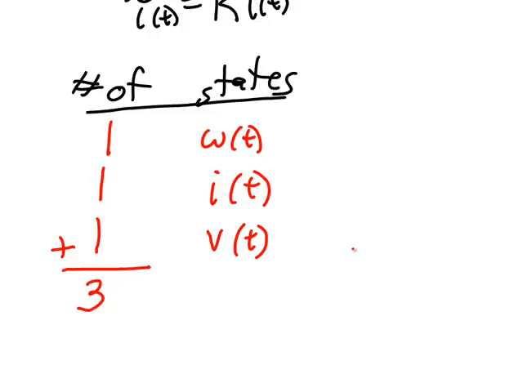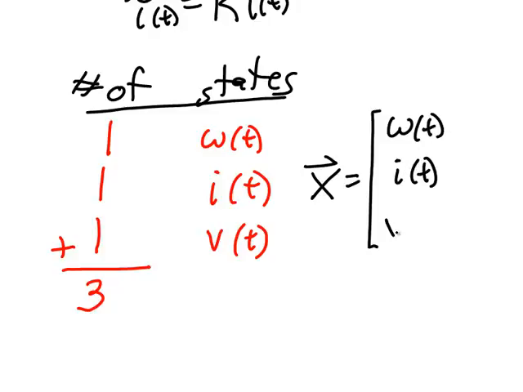So my state vector here is going to be equal to omega, I, and V. It actually doesn't matter what order you put these in. I could have put current first and velocity second and rotational velocity third. You can put them in whatever order you want.